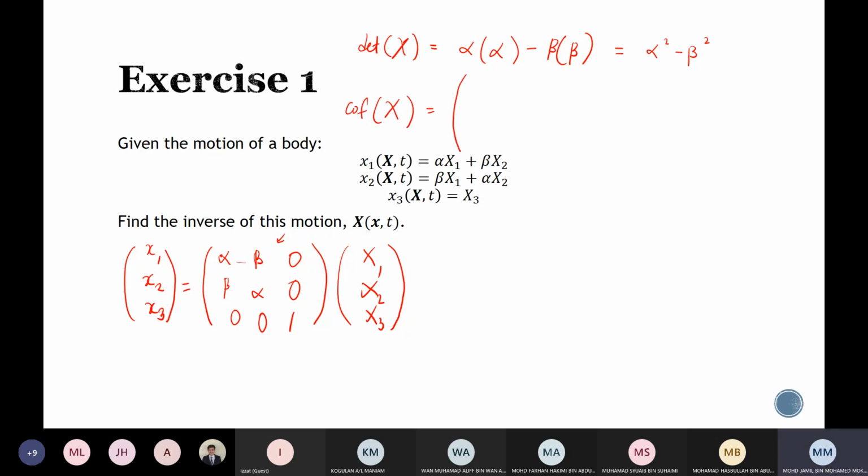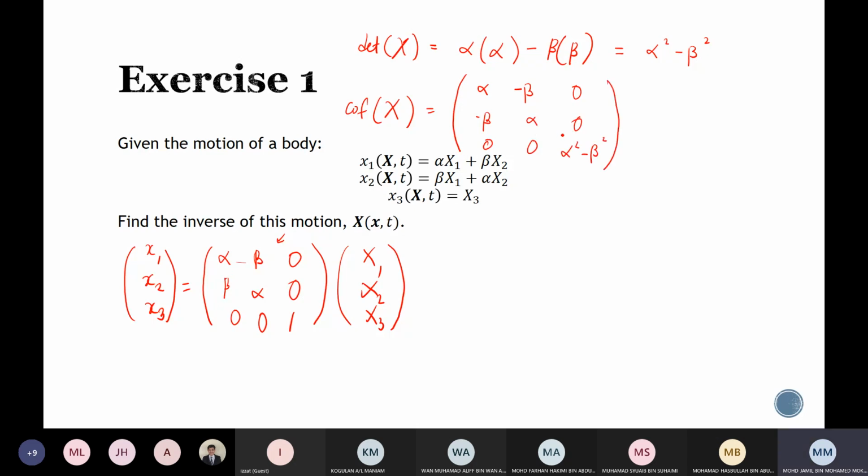So the first cofactor here becomes alpha, and second it's minus beta, and then third one 0, and then this is minus beta, alpha, 0, then 0, 0, alpha squared minus beta squared.